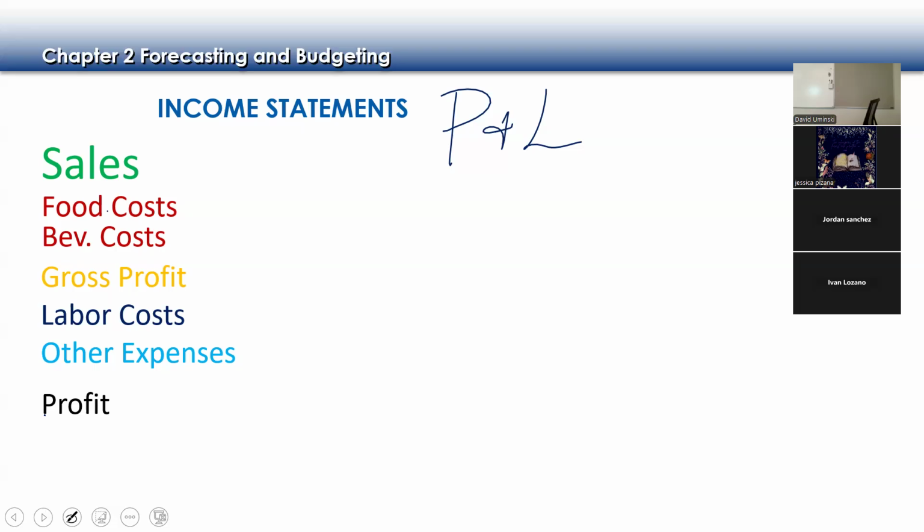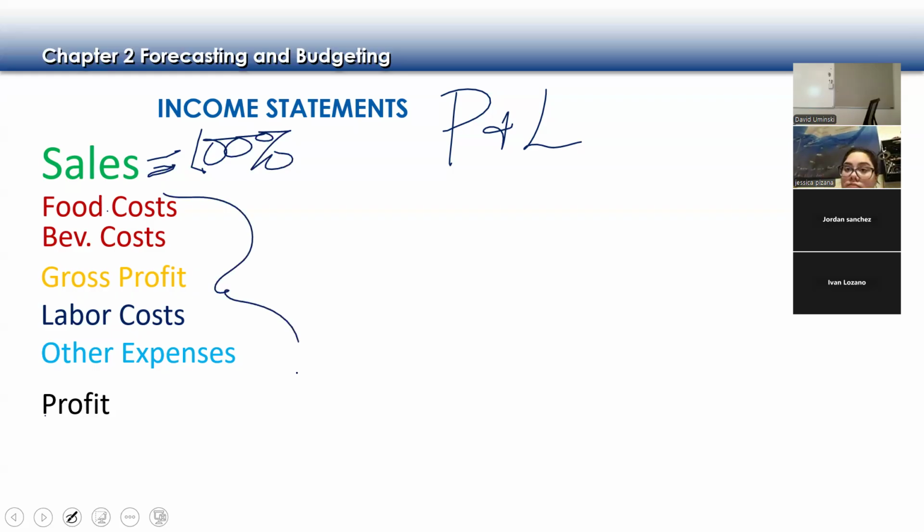Sales is always at the top because that's what we have to subtract everything else from. Sales is equal to 100%. All of these together also equal 100%. These are two different sides of the equation.